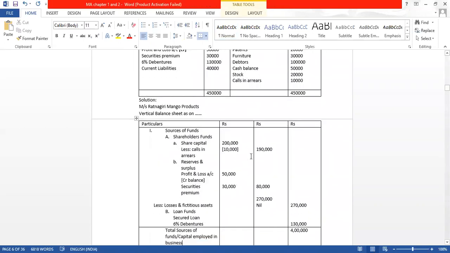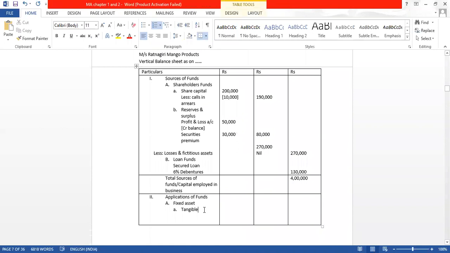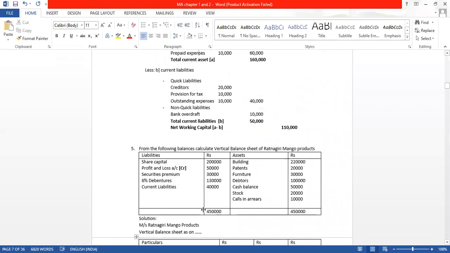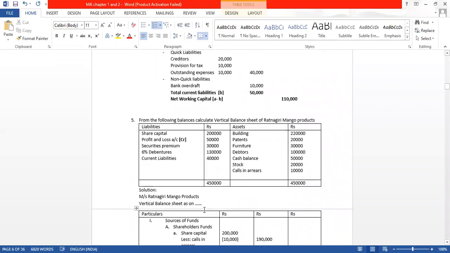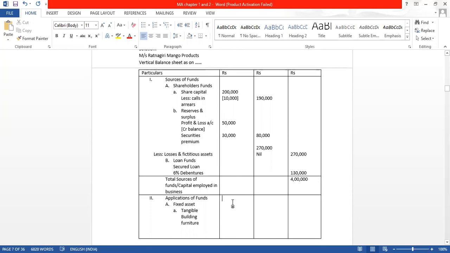Building is 2 lakh 20,000, furniture 30,000. So how much is it coming?